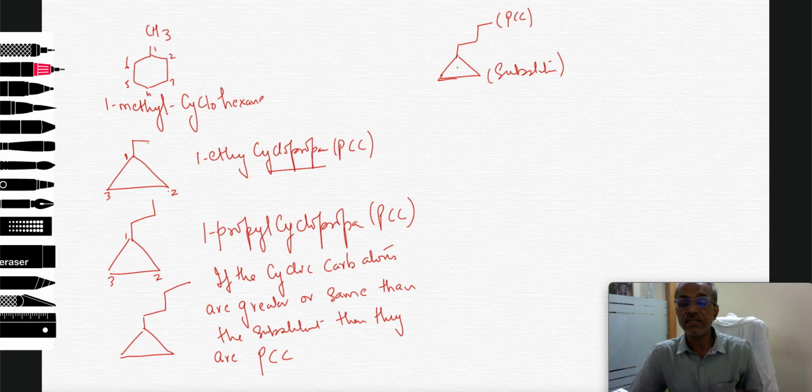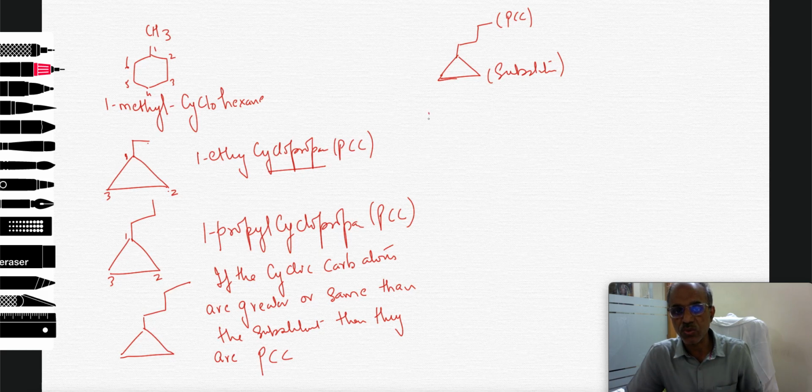Here the ring has fewer carbon atoms than the straight chain, so this becomes a substituent.